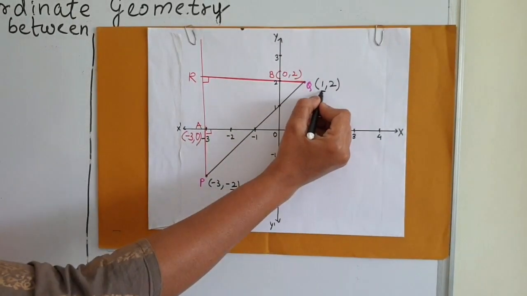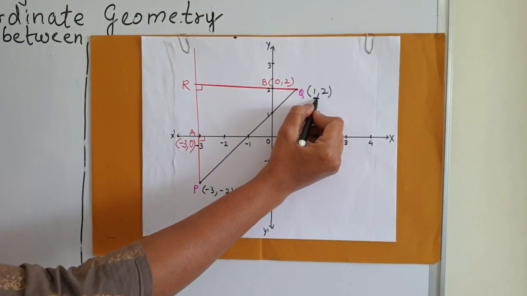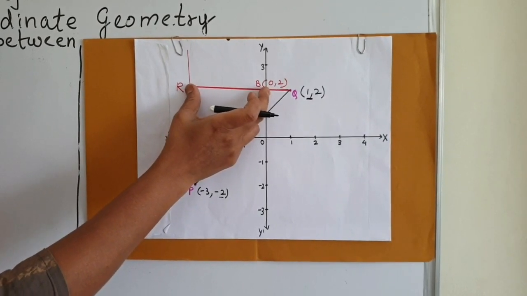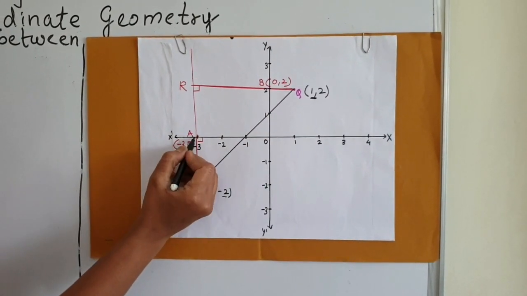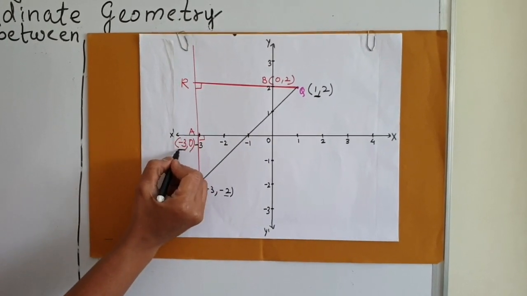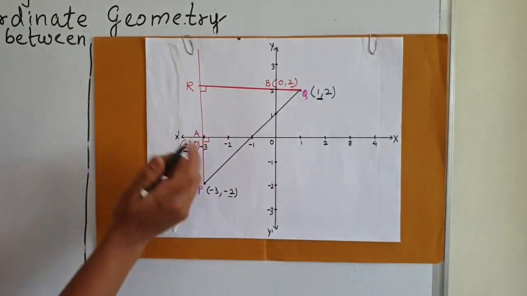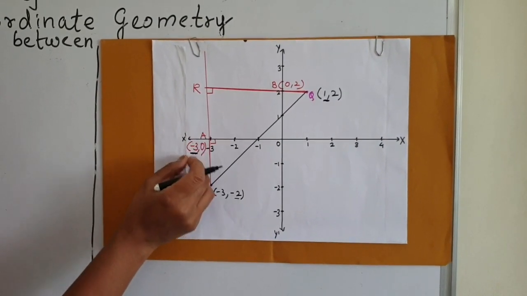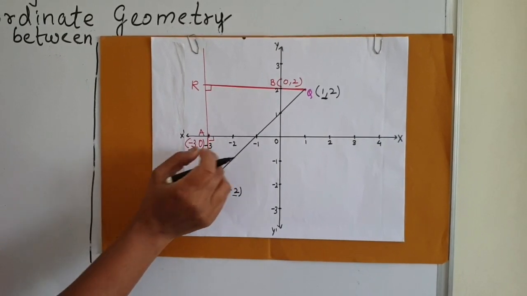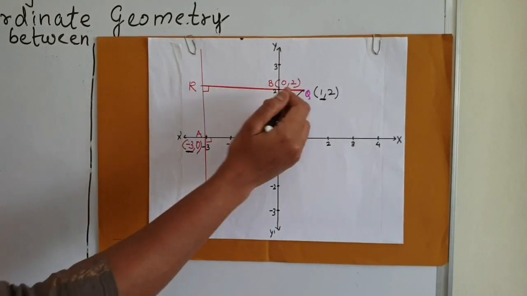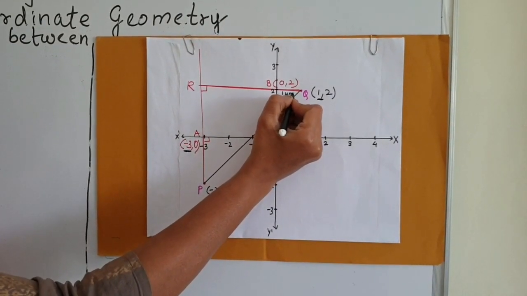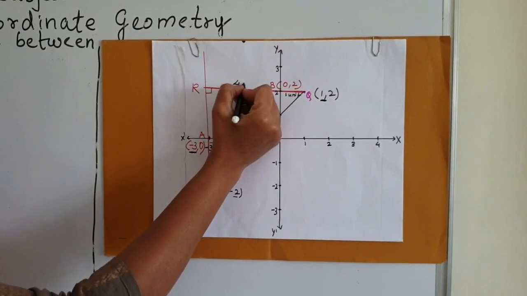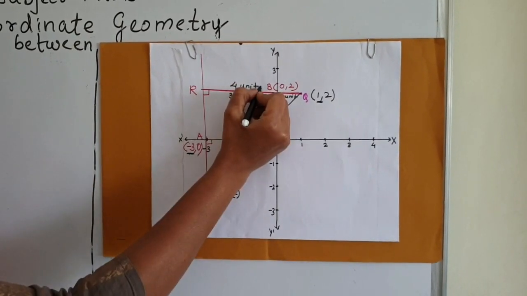That is 1 unit, the x coordinate of Q. And what is the horizontal distance BR? See here, what is the x coordinate of point A, which is similar to this BR? This is -3. But as we take the distance, we always take the distance in positive value. So what will be the distance BR? Here it is 1 unit and here it is 3 units. So the total distance QR is equal to 4 units.